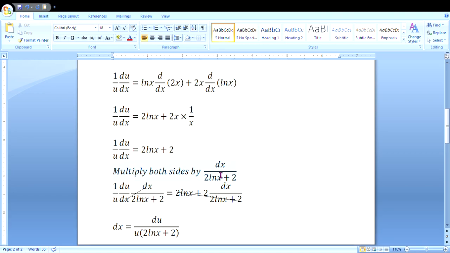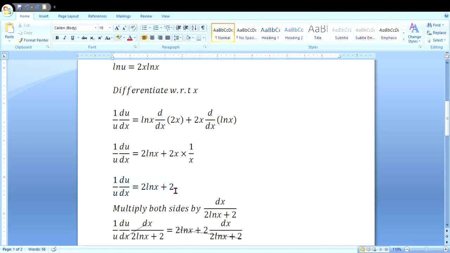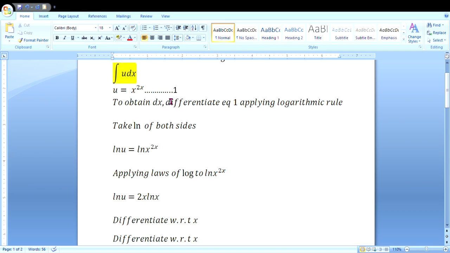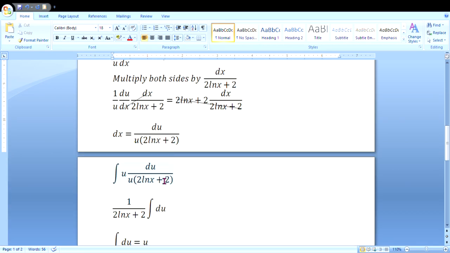Now we bring this in place of the dx in the highlighted integral. In place of the dx, we substitute du all over u open bracket 2 ln x plus 2 close brackets. Here u divided by u will be off.